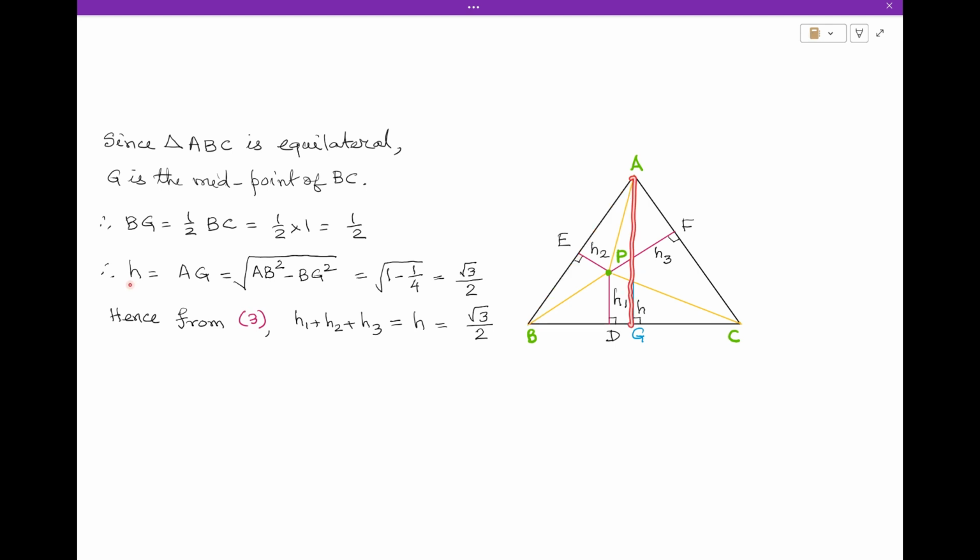Therefore, H is equal to AG is equal to square root of AB square minus BG square, that is square root of 1 minus 1 by 4, that is equal to square root of 3 divided by 2. Hence, from equation 3, h1 plus h2 plus h3 is equal to h, that is equal to square root of 3 divided by 2, and that is the answer.